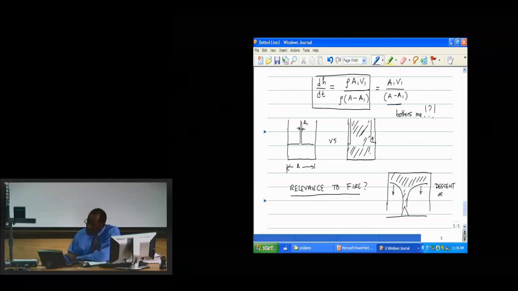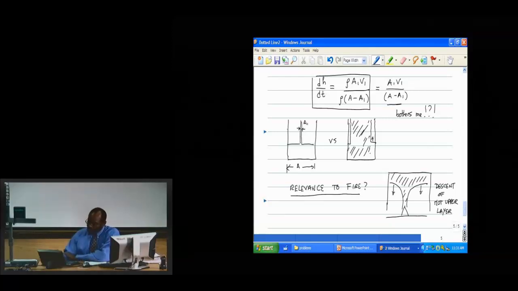Well, from a life safety perspective, the most dangerous part of the fire is really the smoke layer because of its toxicity and the heat. So from an egress perspective, understanding how fast the upper layer descends is extremely important.